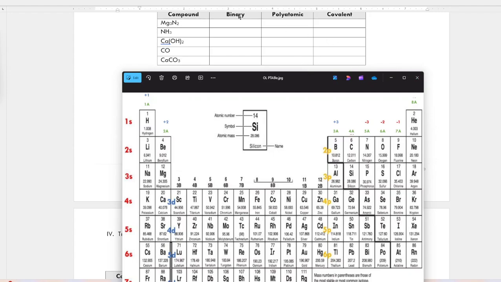So that's what this means right here: binary or polyatomic. Binary just means two things. So if you only have two things, that's a binary compound. If you have multiple things, then that's polyatomic. Poly meaning many. So this first one, we have magnesium and nitrogen.